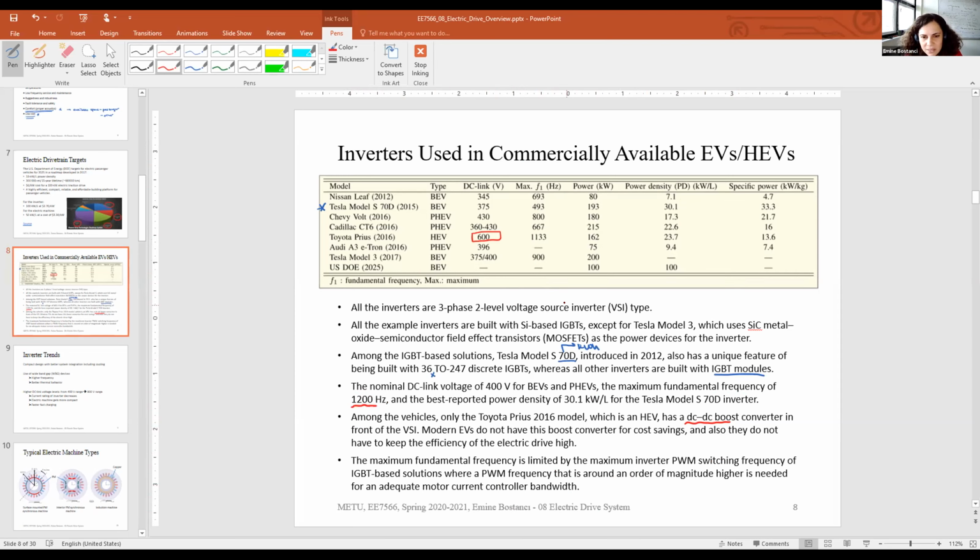The switching frequencies are not shown here. The maximum fundamental frequency is related to the frequency of the created AC currents, and this frequency is going to be based on the electric machine speed and the pole pair number.